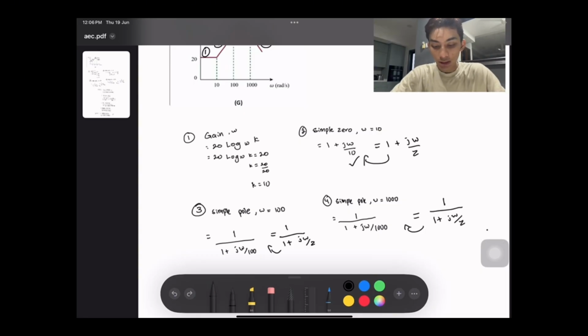We got it from the log 10 times with the K, divided by 20, and it will get 10.